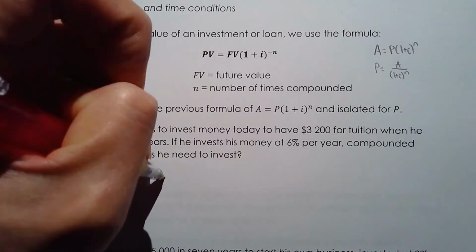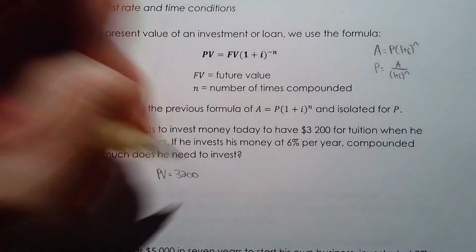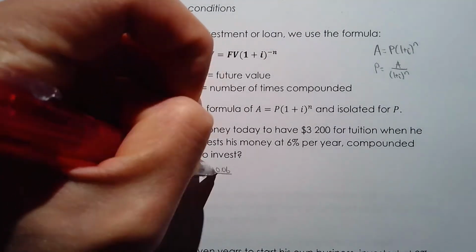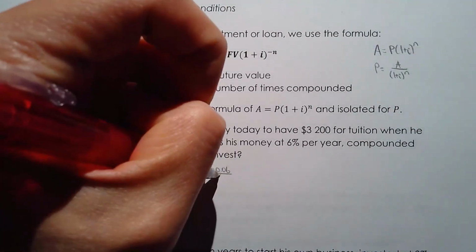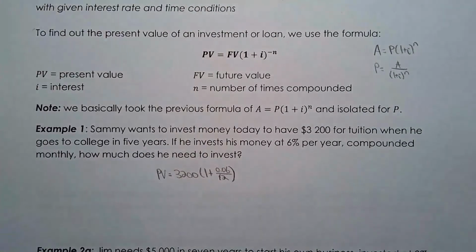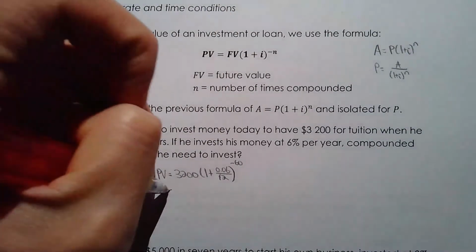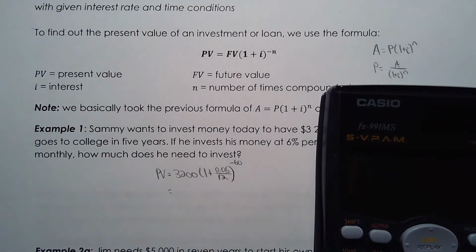So the present value is equal to $3,200. That's your future value times 1 plus 0.06, and it's compounded monthly. So 12 times a year for 5 years. So that's 60 compounding periods. Be careful. Negative 60, okay? Negative 60, because you're trying to find the present value.